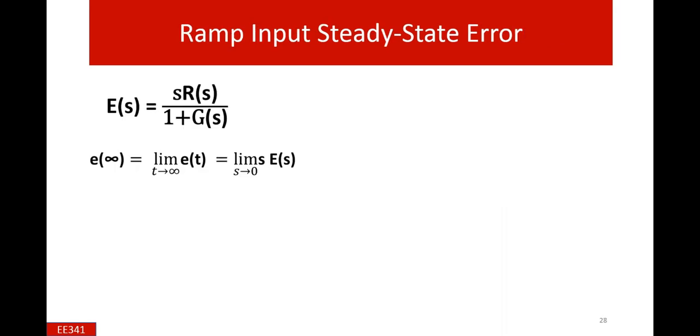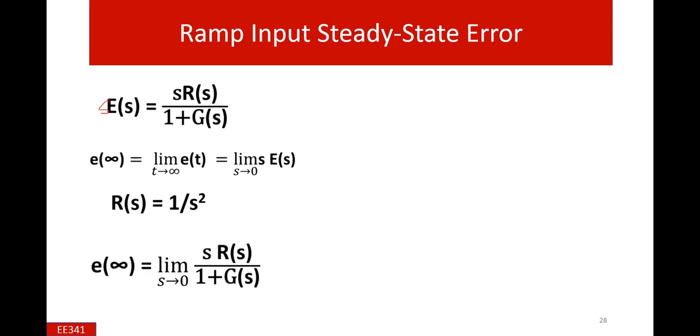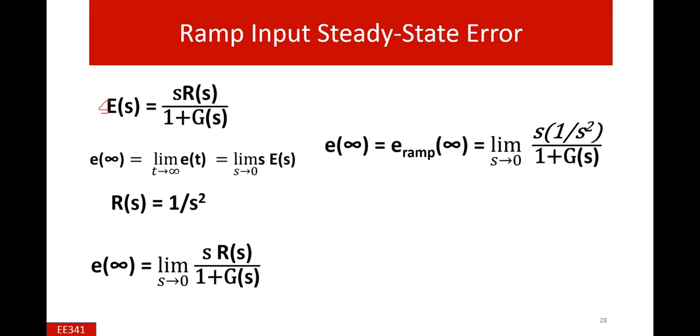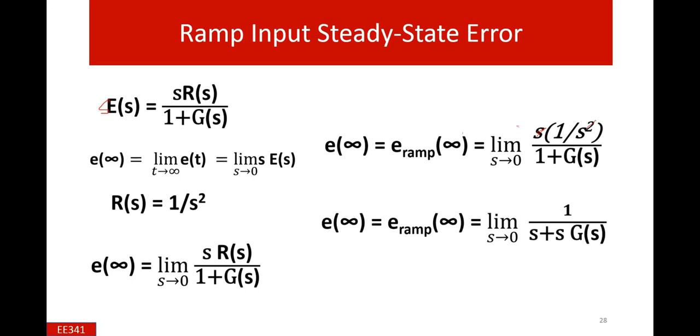Next, we have to find the steady state error for ramp input. The definition of the steady state error is s times this one, which is the error signal. If the input is the unit ramp, then it is equal to 1 over s squared, and if we substitute 1 over s squared in this relation, this s is cancelled out with that one, and we have the steady state error for ramp input equal to this one.